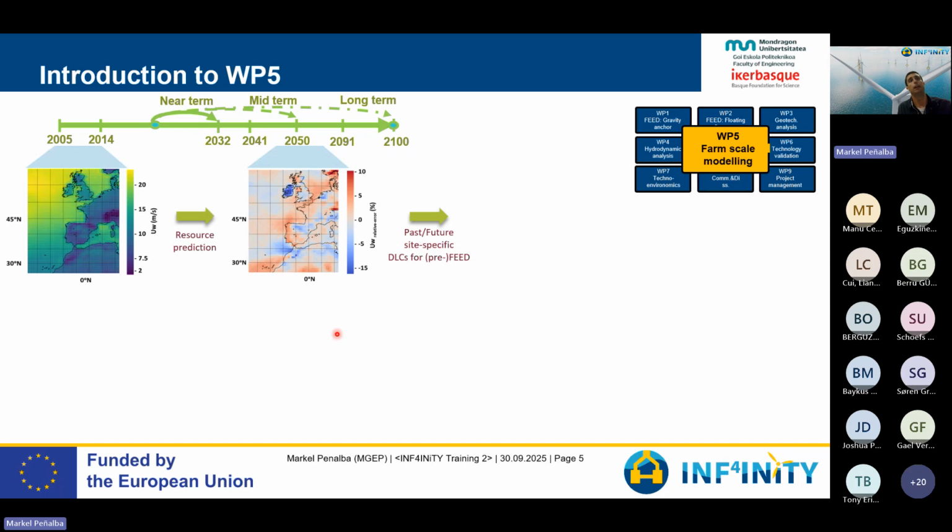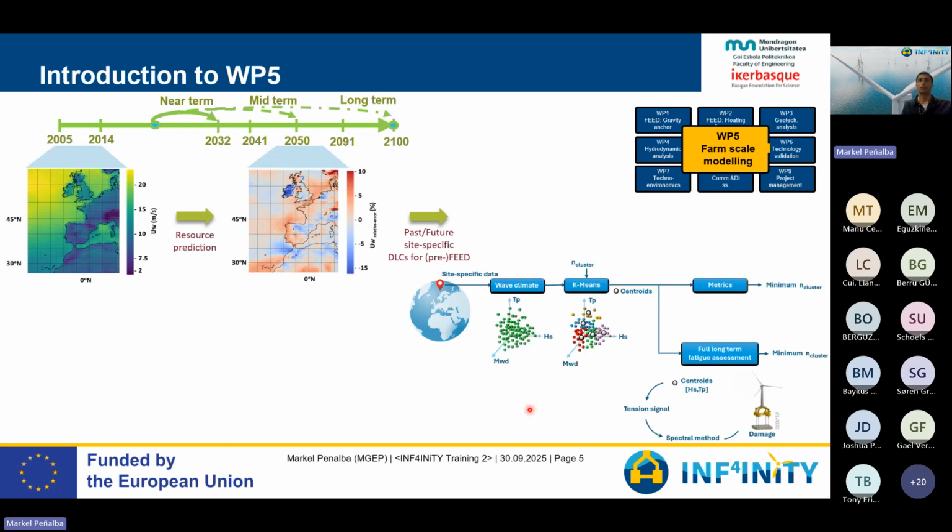scenarios. And then what we will analyze as well will be the reduction technique, the clustering technique. So basically, once we have defined the wave and wind climates, we will try to identify the characteristic or the representative conditions, including wave, wind, current, and sea level, for example, the representative characteristics that somehow represent the whole area of study.